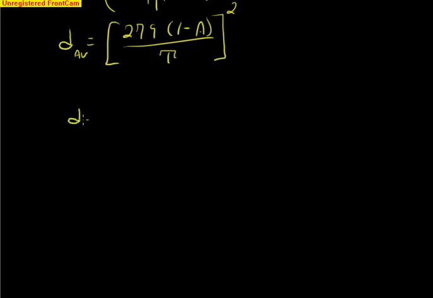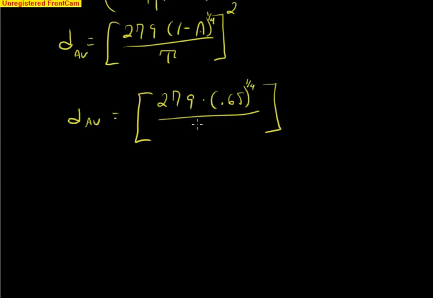Okay, this works out to be, let's plug in our numbers now, 279 times 1 minus the albedo was 0.35, so this is going to be 0.65 raised to the, almost forgot something, raised to the 1/4 power, so the 4th root, over our temperature. Our sublimation temperature was 200 Kelvin, and all of that squared.